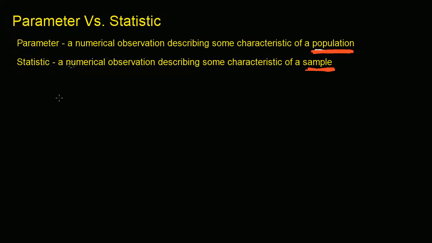So let's think of some examples. We know some statistics already, like the sample mean, the sample median, maybe you even heard of the sample standard deviation or variance, the sample range. All of these are numerical observations.